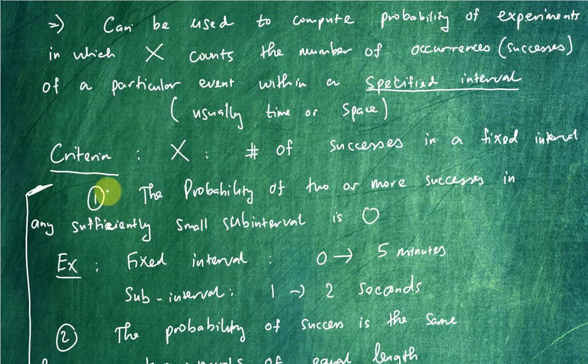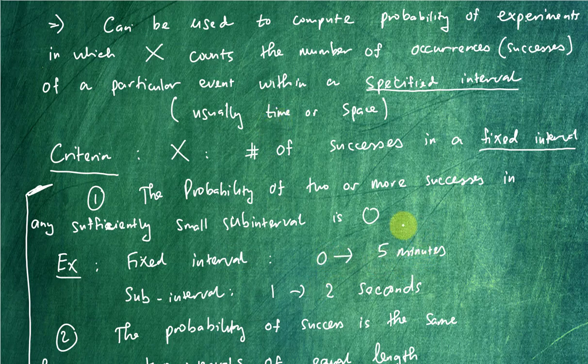Now, the first requirement for this process is that the probability of 2 or more successes in any sufficiently small subinterval is 0. So for example, we consider a fixed interval. Let's say the fixed interval for the timing is between 0 and 5 minutes.